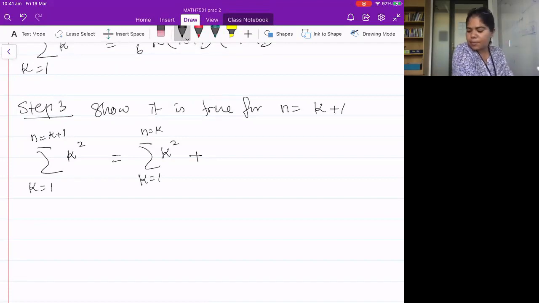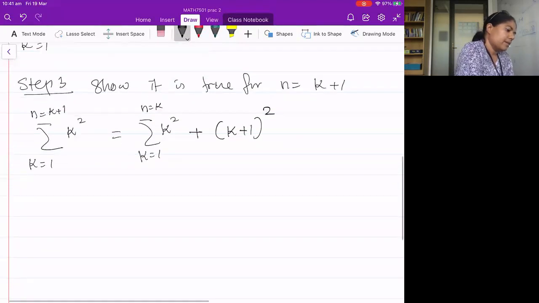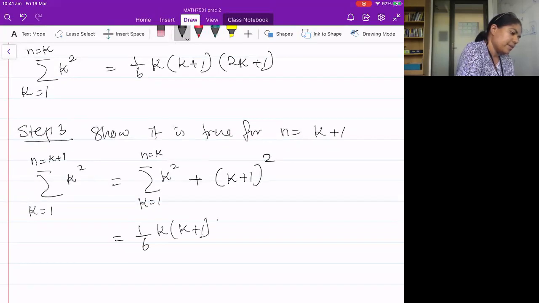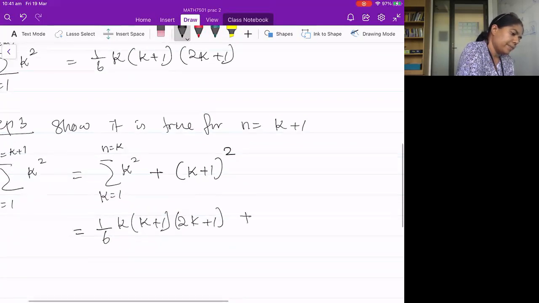The k plus 1 term is k plus 1 squared, which according to the assumption, the first term is 1 by 6 k, k plus 1, 2k plus 1, plus k plus 1, k plus 1.